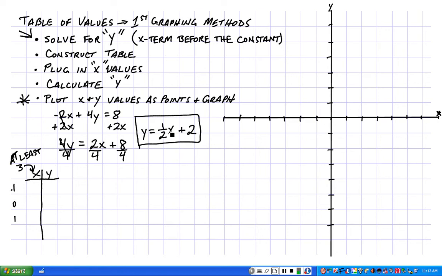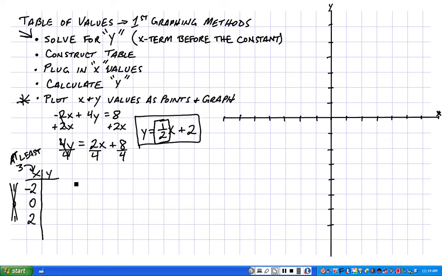Now I have a fraction for a coefficient for my x. In other words, my x is attached to a fraction. And because of that, instead of using -1, 0, and +1, I'm going to actually use -2, 0, and +2. So I won't use these. Because again, using -2, 0, and +2 allows me to get rid of this fraction.